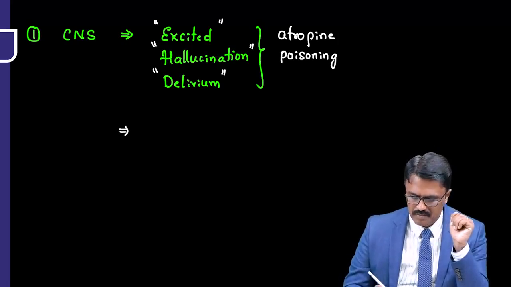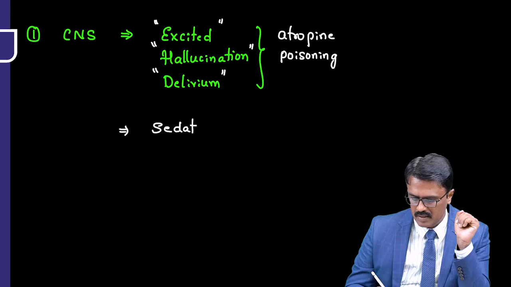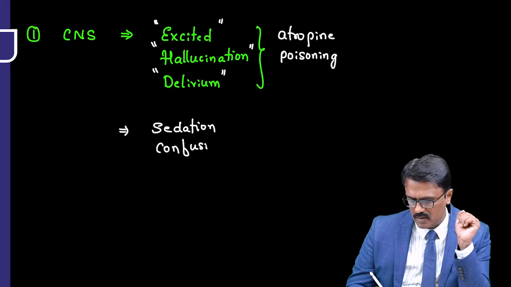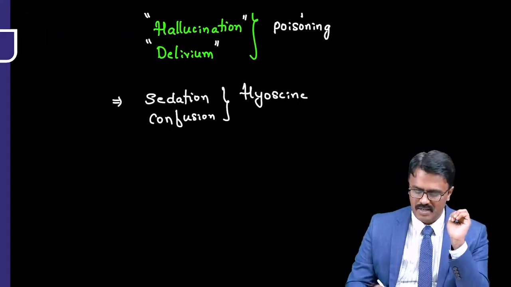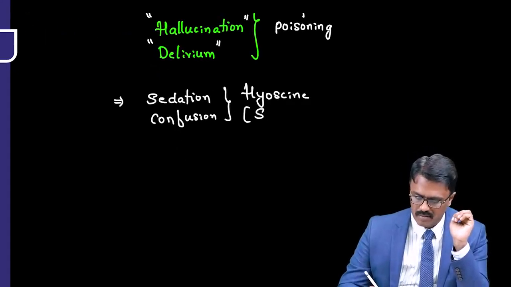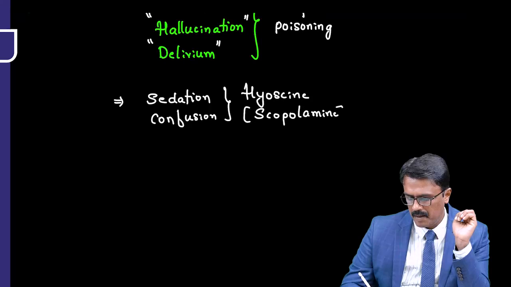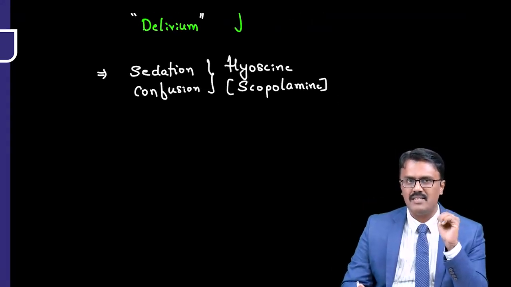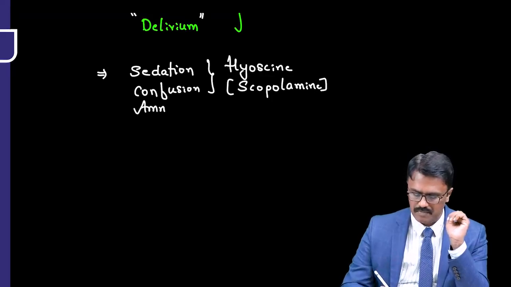The second important one is a drug which produces sedation as well as confusion, and that drug is called hyoscine. It has one more name, scopolamine. The patient has sedation and confusion, and this drug can also produce amnesia.